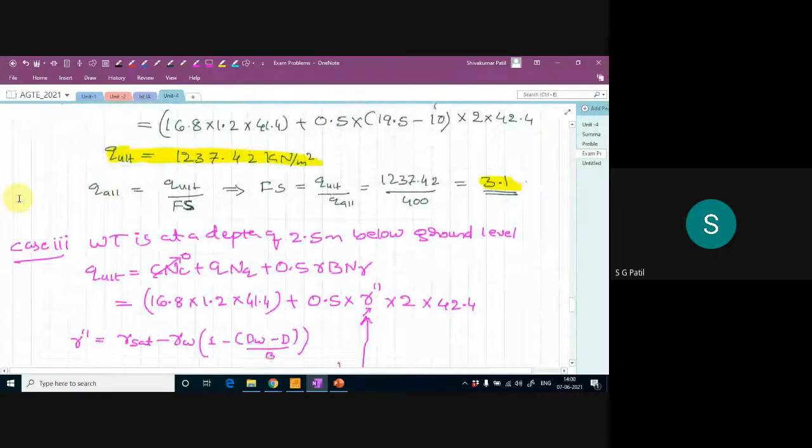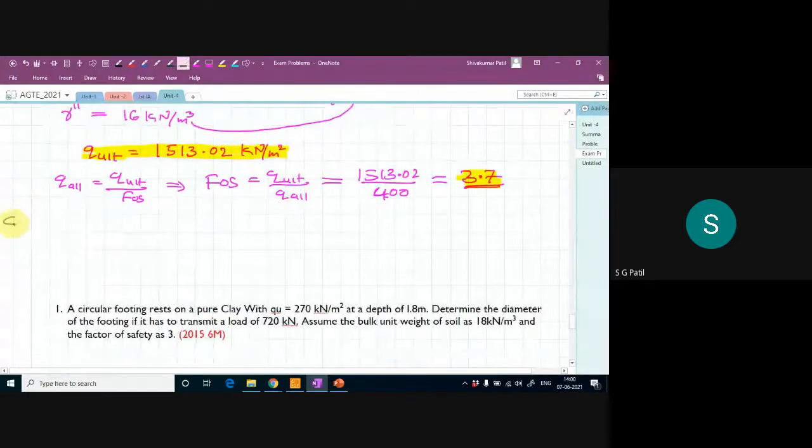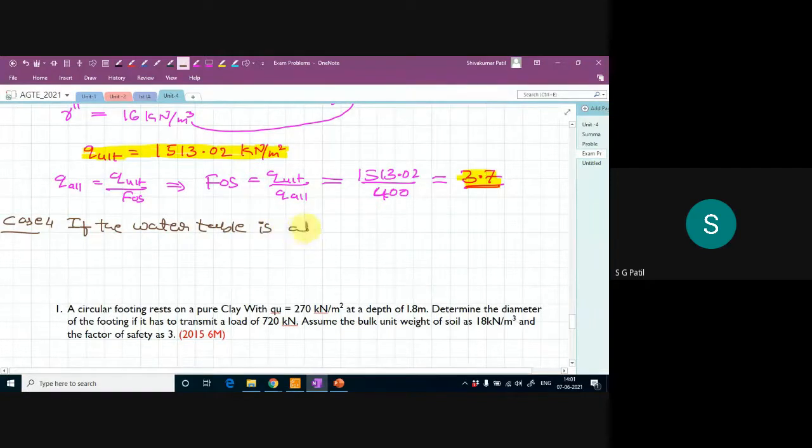Case 4. If the water table is at ground level, what will happen?